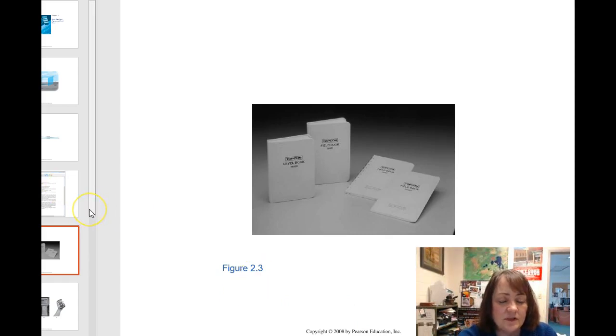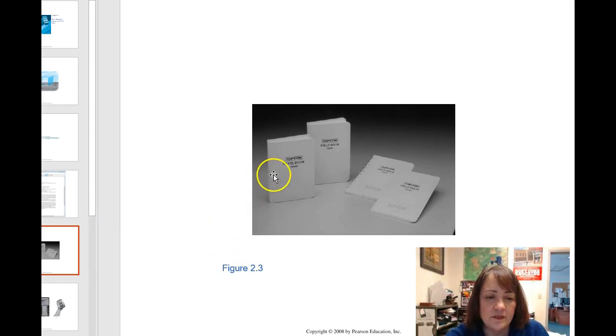To begin with, we start talking about what a field notebook looks like. There are some different examples of types of field books here, but the type that we're going to use in this class are bound. They do not have a spiral backing, and they can be hard or paperback. That doesn't matter.